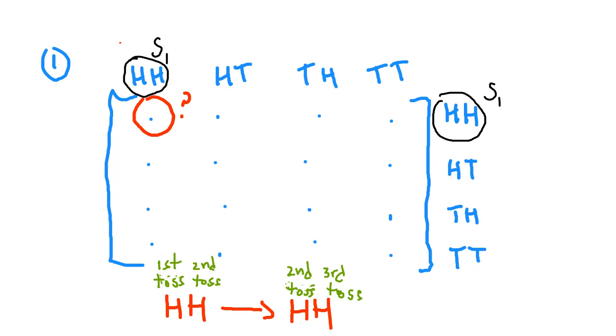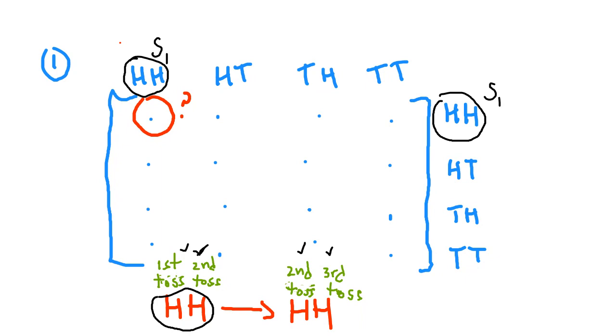You're going to flip the coin 3 times: there's a first toss, a second toss, and a third toss. Let's say your first and second tosses were both heads, and then your third toss was also a head.